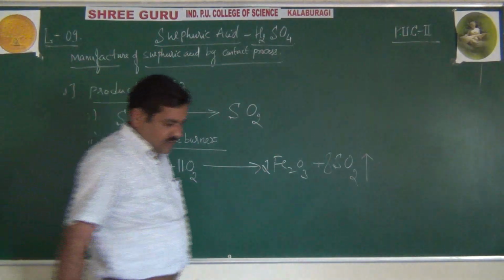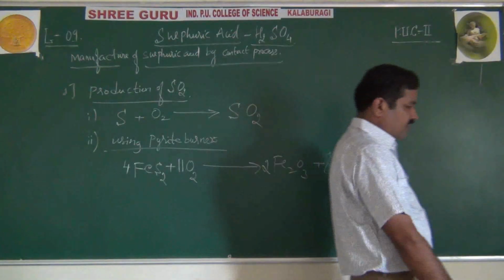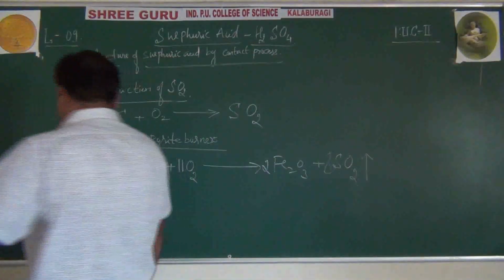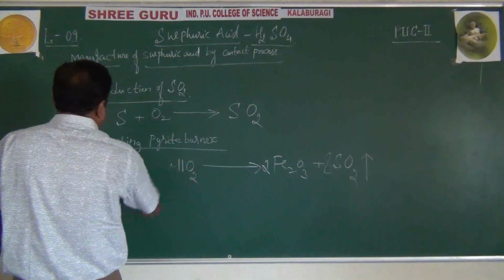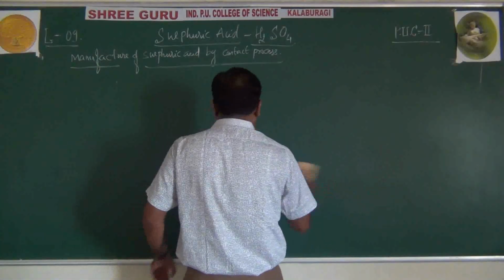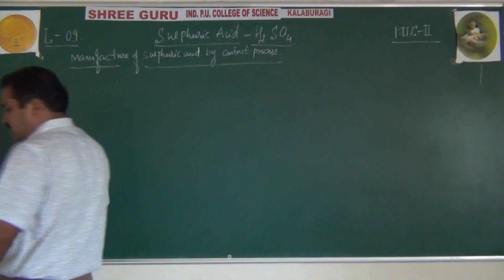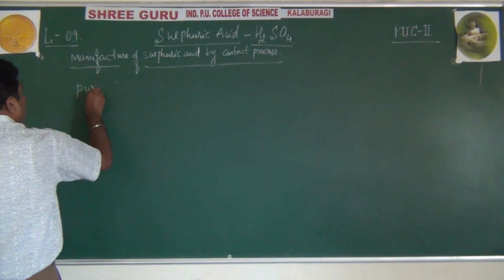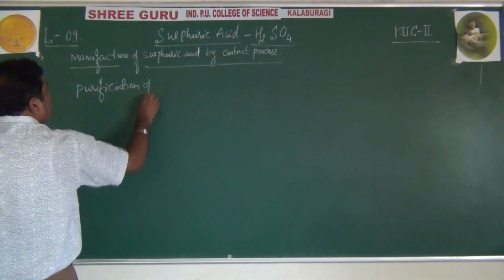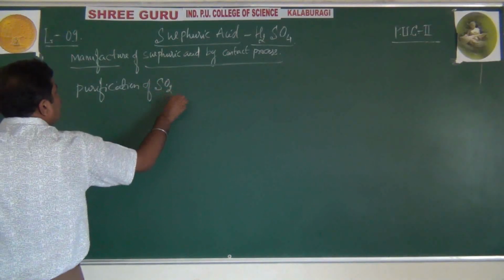Next step, actually, this sulfur dioxide is impure. It is made pure by passing through a number of purification units. That is a very lengthy process which is deleted from your syllabus. The purification, I will just tell you. Purification of SO2, sulfur dioxide.